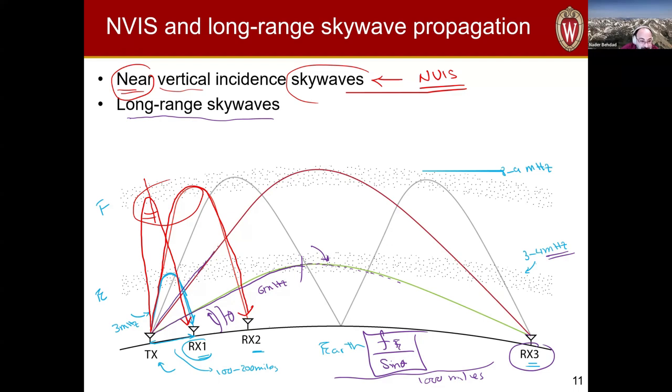Now this ray is passing through the E layer and is getting reflected by the F layer and then arriving at this location. Or I can even launch a ray with an even steeper angle and have 2 hops that get me to that point. And so all of these are different modes that you can use for establishing long-range skywave communications.